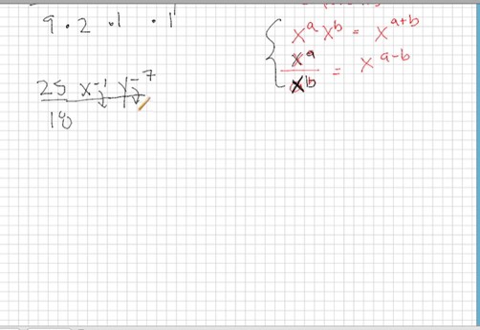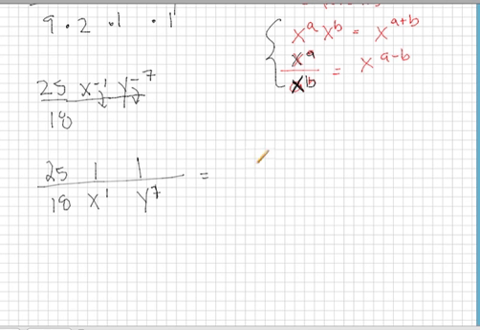He's just supposed to be down on the bottom. So x to the negative 1 really means I have 1 over x to the 1. If I have y to the negative 7, that really means I have 1 over y to the 7.